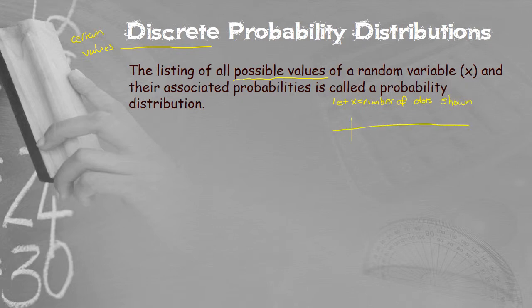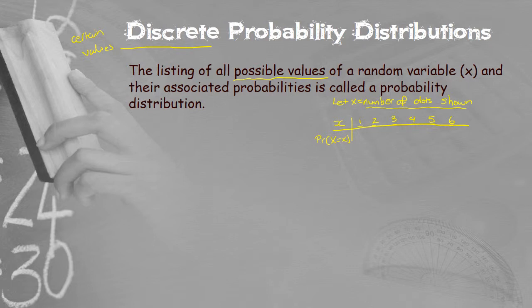In our probability distribution, x is what we're trying to find out, and our options could be 1, 2, 3, 4, 5 or 6. We then work out the probability that our capital X, which represents the number of dots shown, is equal to our little x, which are these values along here.